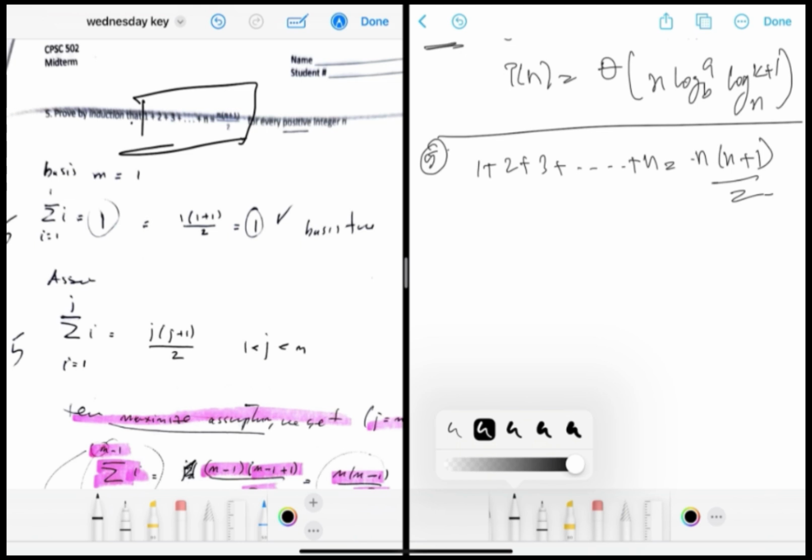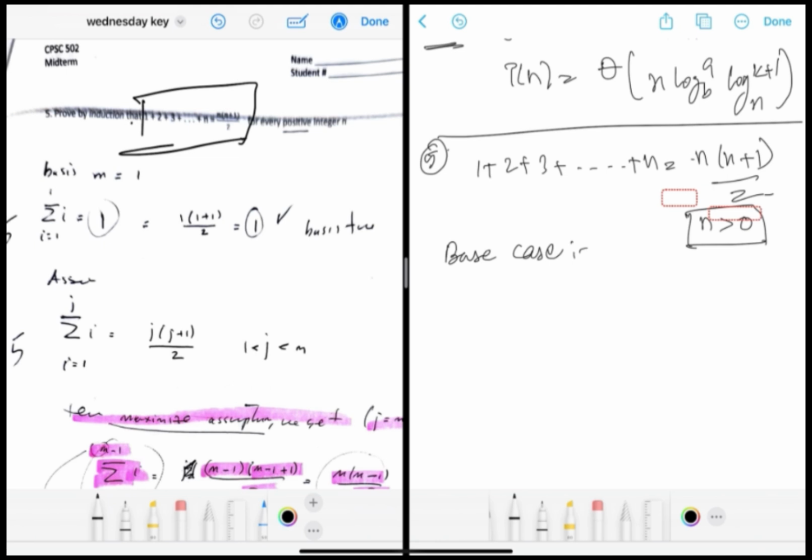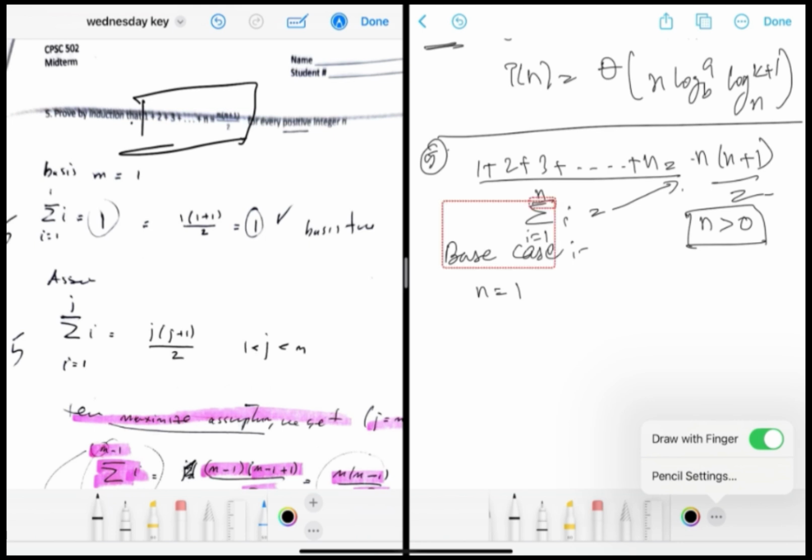So here n is a positive integer, so n is greater than 0. That is what it means to be a positive integer. So for the base case, we'll be considering n equals 1. This can also be written as sigma I, where I equals 1 to n, which is also equal to n into n plus 1 by 2.